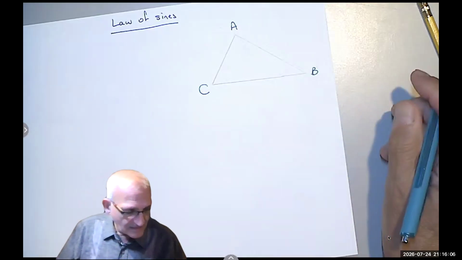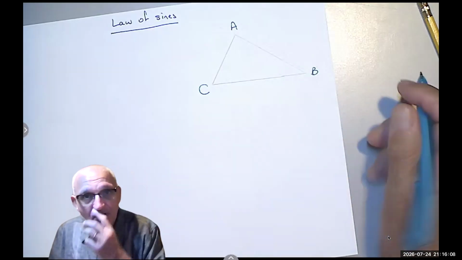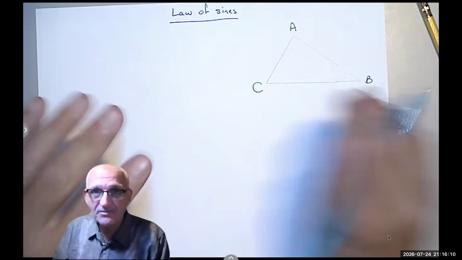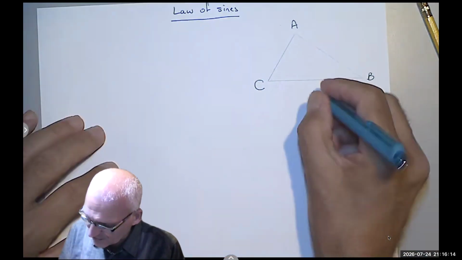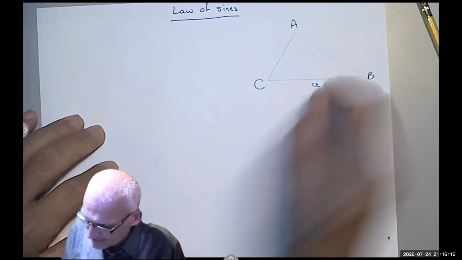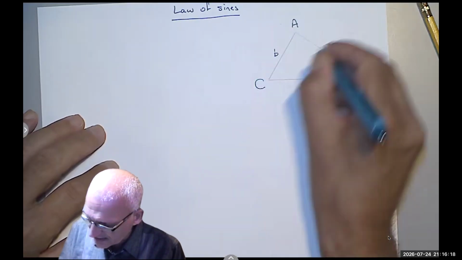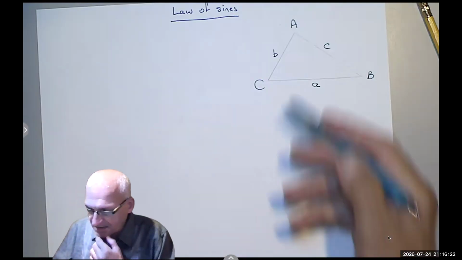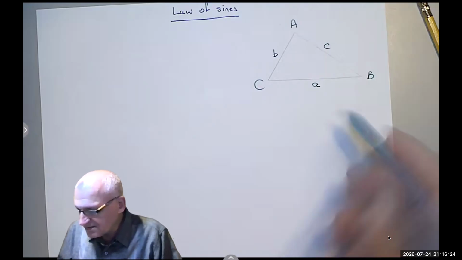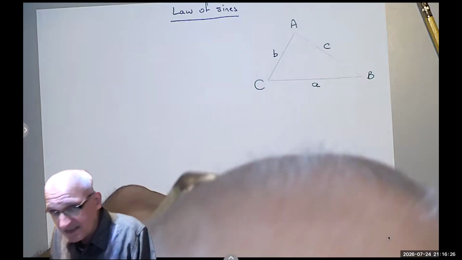And then the side opposite to every angle is named the same letter, but we usually use a lowercase letter for the side. So this would be a, this would be b, and that would be c. All we know is that the sum of these three angles is 180 degrees.